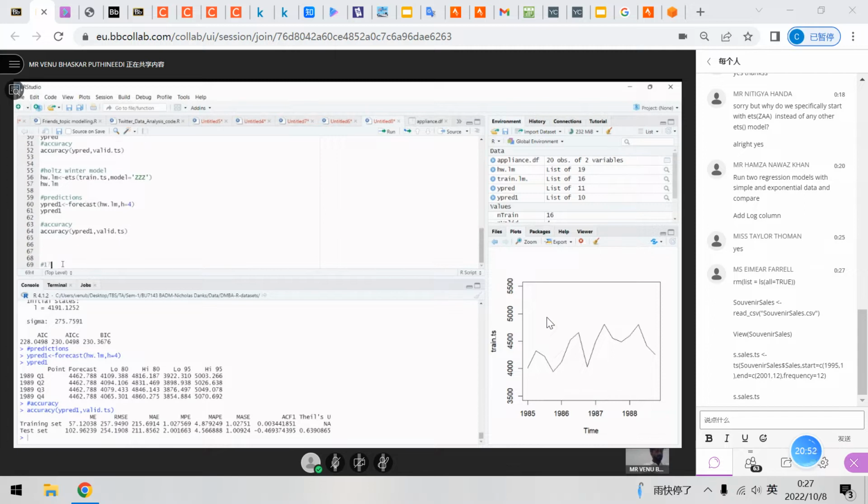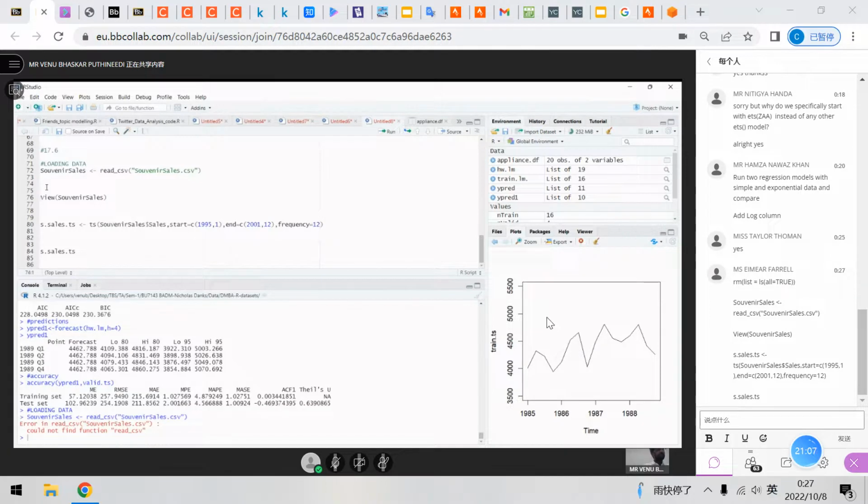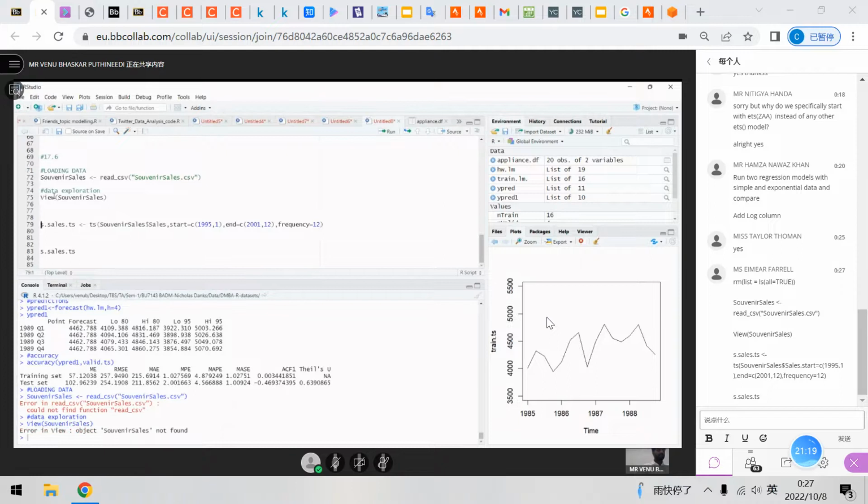17.6. Hashtag loading data. And we have got the data, right? Hashtag data exploration, and we have read.csv.